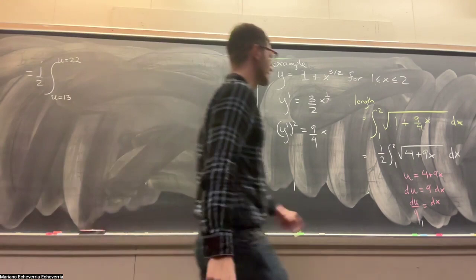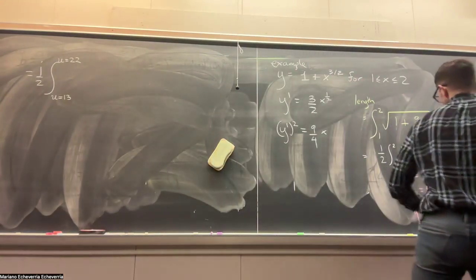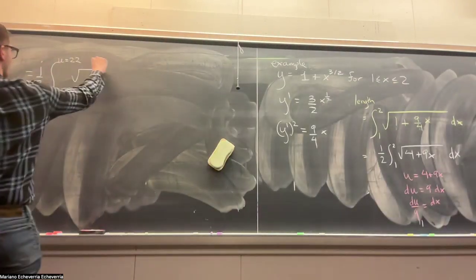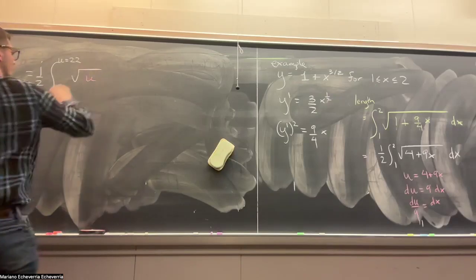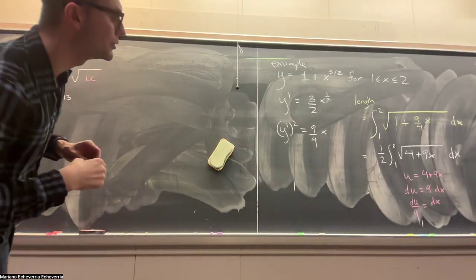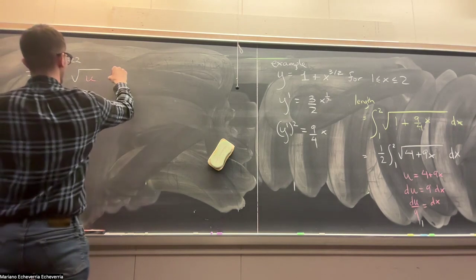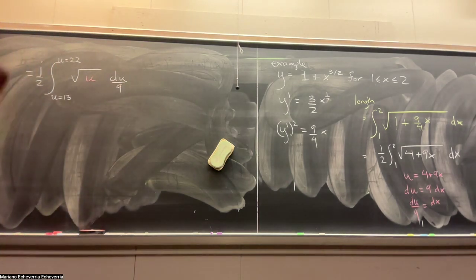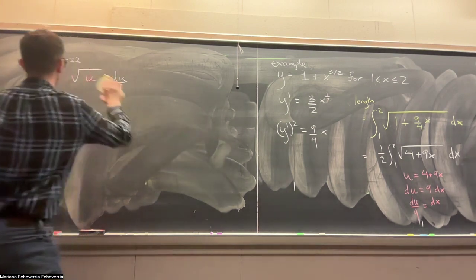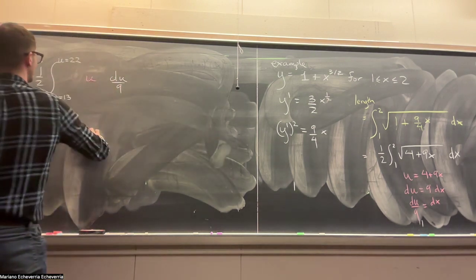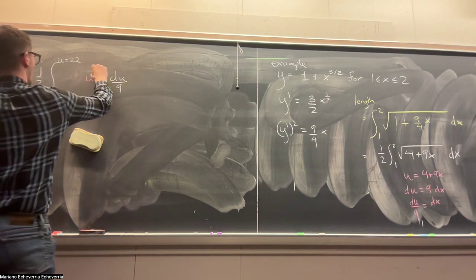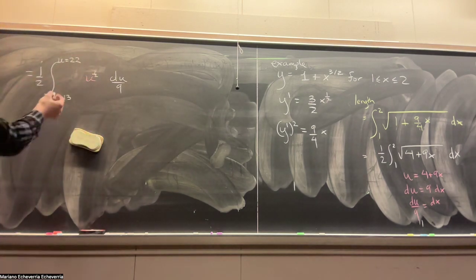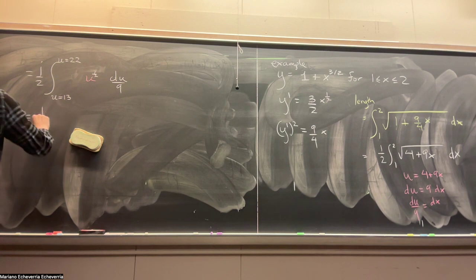And then this just becomes root of u. And the dx is du over 9. So that's perfect. And in fact, just to remind us how I'm going to integrate this, root of u can be written as u to the 1/2. Then you're more or less good to go because it will be 1 over 18.